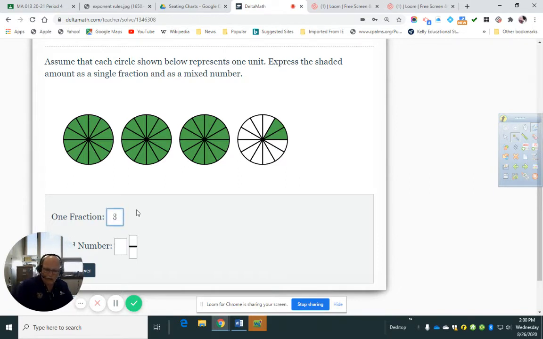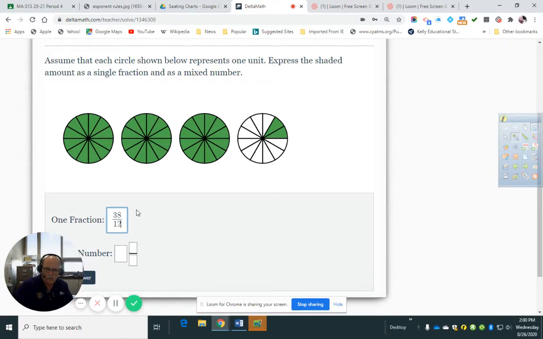So 38 12ths, okay? And I have 3 full circles, so 3, and 3 divided by 12 is going to be 3. The remainder then is 2 over 12, right? Which can be reduced, correct, to 1/6.